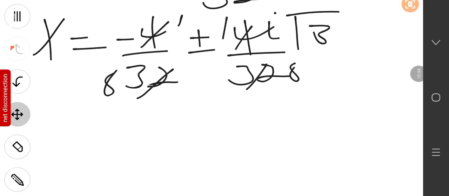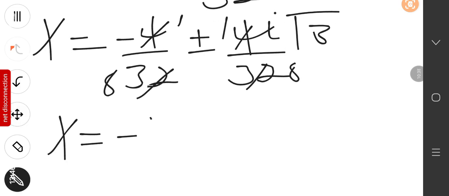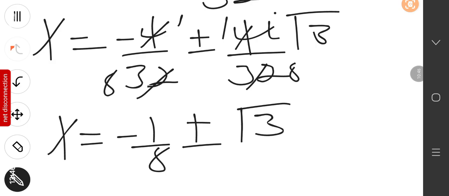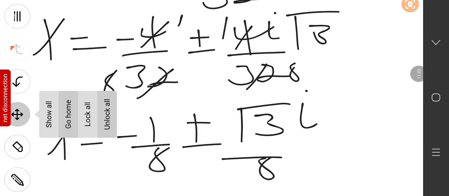So we are going to have x equals minus 1 over 8 plus or minus the square root of 3i over 8. Now you can bring the i in front of the root or at the back of the root. It depends on how you want to do it.